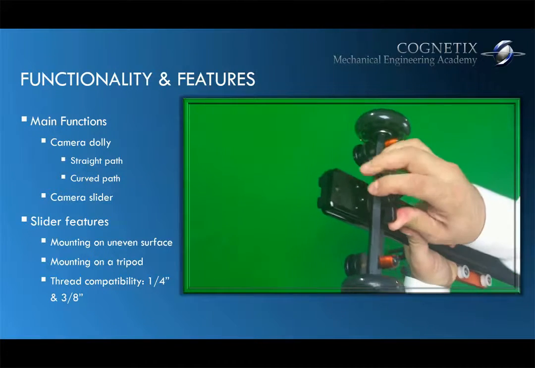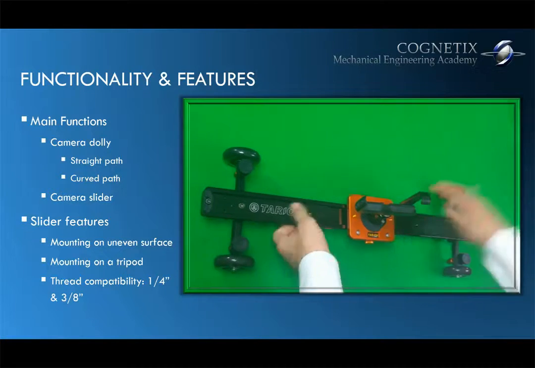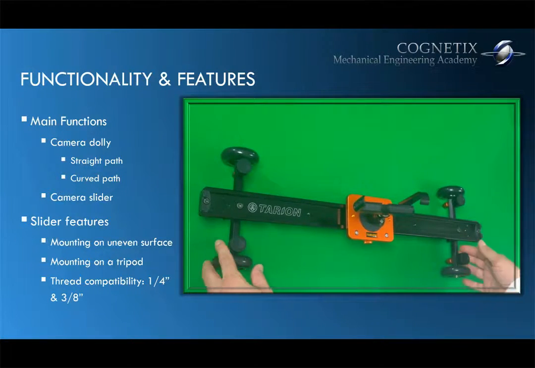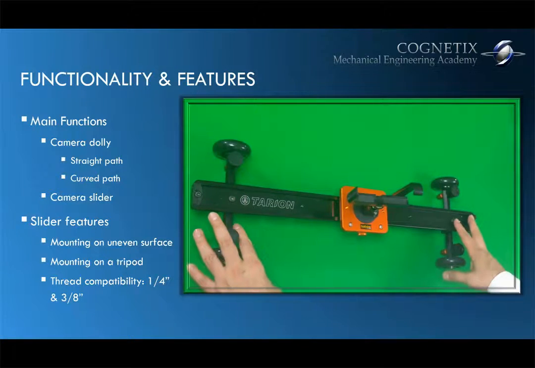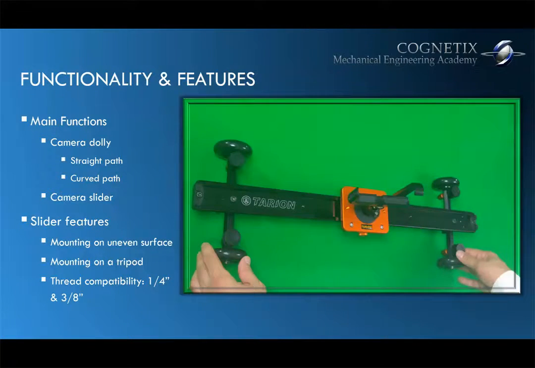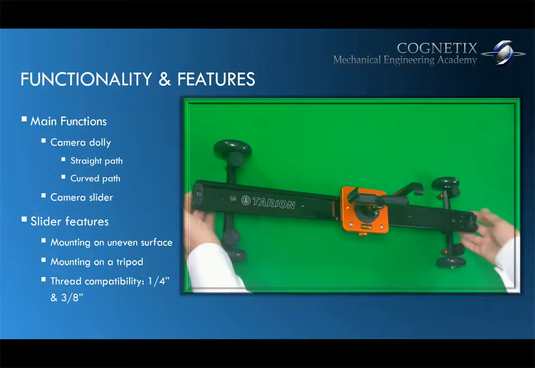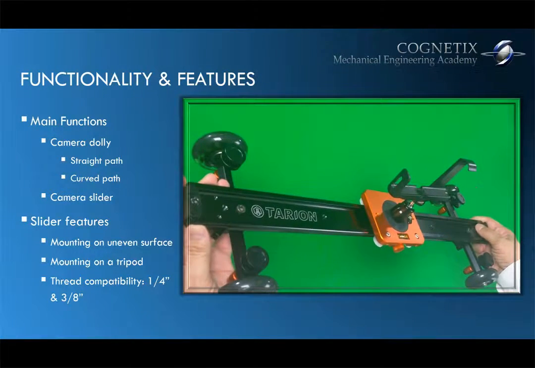But our intent here at the Academy is not to evaluate this product from the perspective of a video, of the end user, basically. The end user is somebody that's into video and photography. That is not why we're evaluating this. This is the Mechanical Engineering Academy. We're evaluating this product from an engineering perspective.